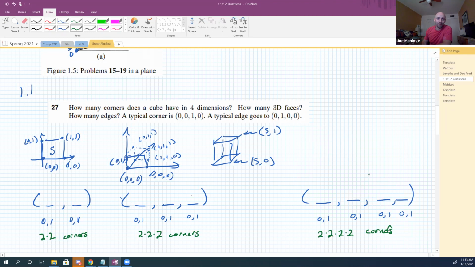Because this is where we have to think a little bit harder. All right, so let me think here about going from squares to cubes.